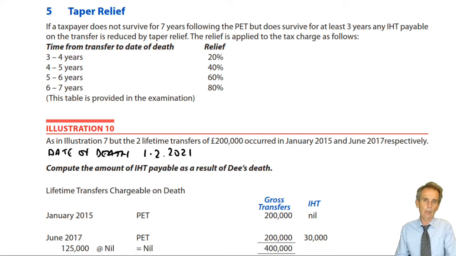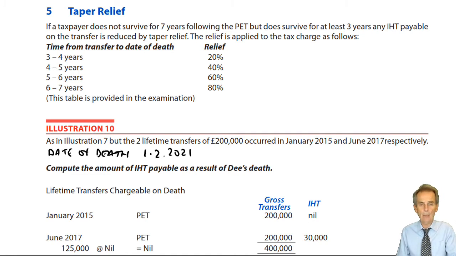In relation to those lifetime transfers chargeable when made, we've only dealt in our examples with PETs, those potentially exempt transfers. We also said, of course, that there was another type of lifetime transfer known as a CLT. That stands for chargeable lifetime transfer. Those transfers are only transfers made into trusts.